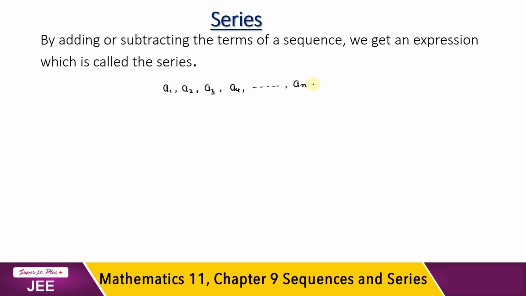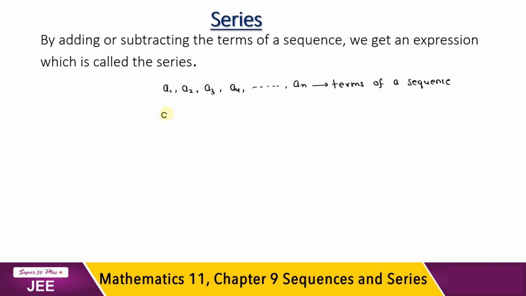So these are the terms of a sequence. If I add or subtract these terms, then the resulting expression is going to be called a series. So the definition of series becomes: by adding or subtracting the terms of a sequence, we get an expression which is called the series.